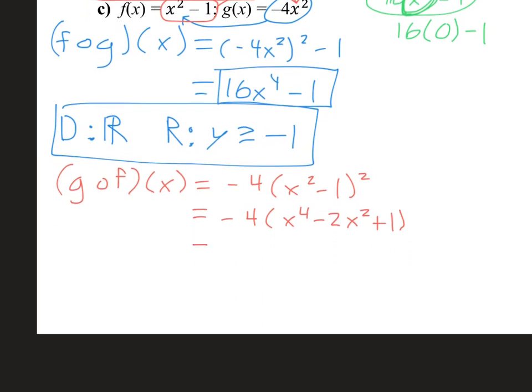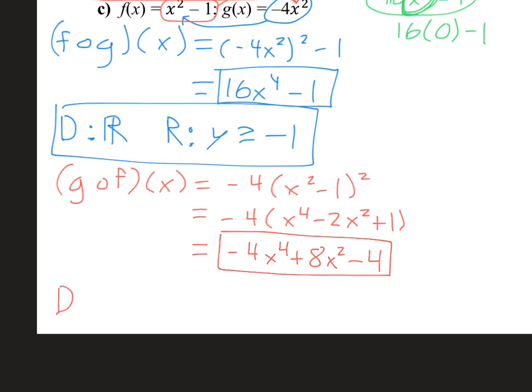So this becomes negative 4x to the fourth plus 8x squared minus 4. So there's our composed function, and now we just need the domain and range.